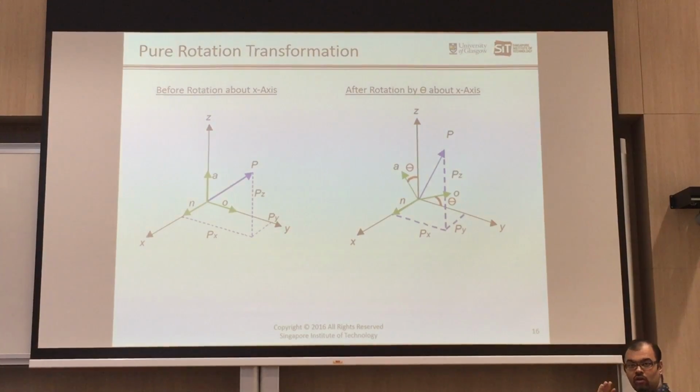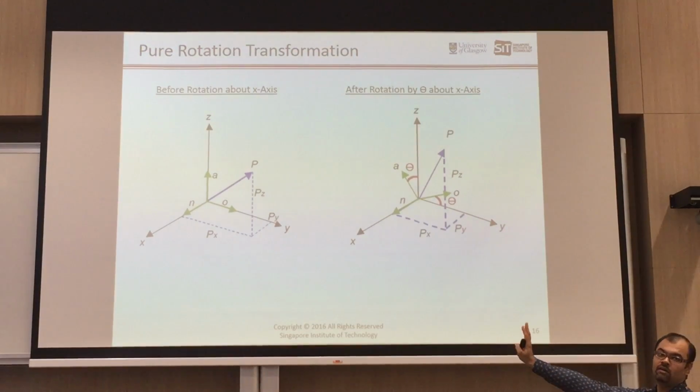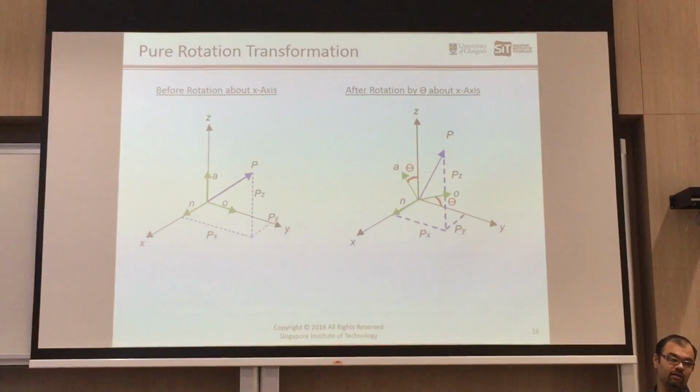So, if you are doing any rotation about the x-axis, the x value will not change. If you are doing anything about the y-axis, the y value will not change. Same thing for the z. But life is not that simple. When you have a robot, you're moving x, y, z, all sorts of things, so they will change. But if you do it step by step, x first, y, and z, it will be easier for you to manage.